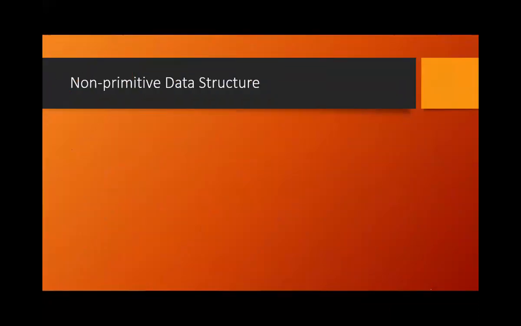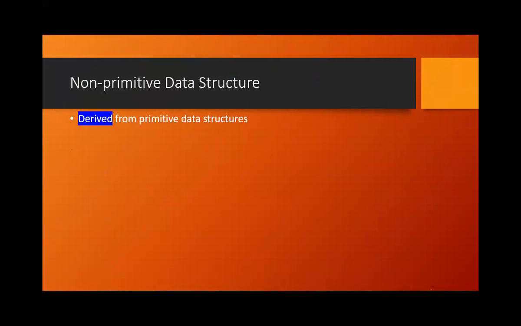So to do that, there is a type of data structures which we call non-primitive data structures. These non-primitive data structures are derived from primitive data structures. Meaning that making use of these primitive data structures, the programmer or a user can create their own data structures, right?